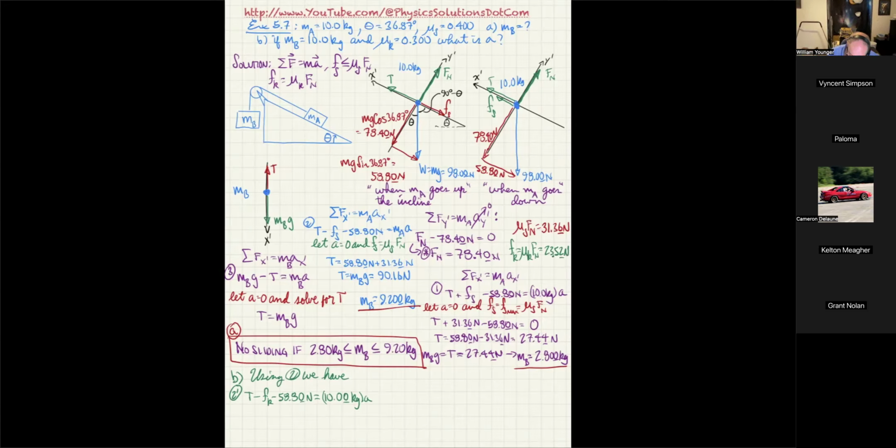So that's the kinetic friction. Now I can go ahead and add that and say that 2 prime is T minus 23.52 newtons minus 58.80 newtons. Wait a second here.